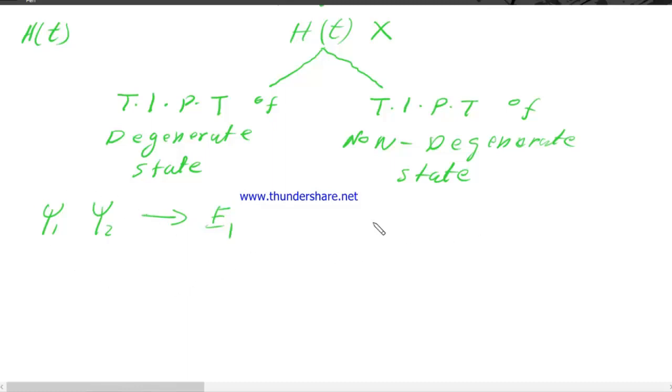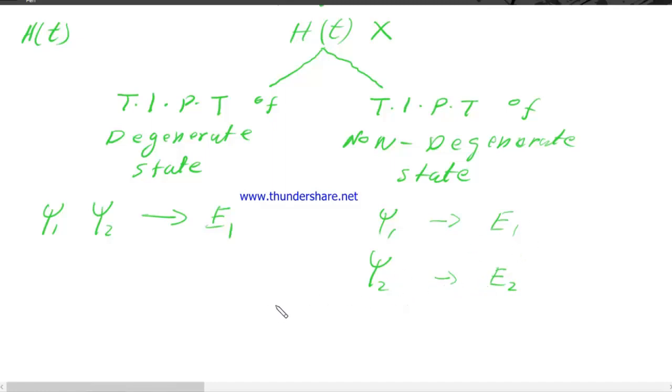Okay, now the non-degenerate states: if two or more unperturbed states, let's say psi1 and psi2, these are two unperturbed states, have different energies, let's say E1 and E2.